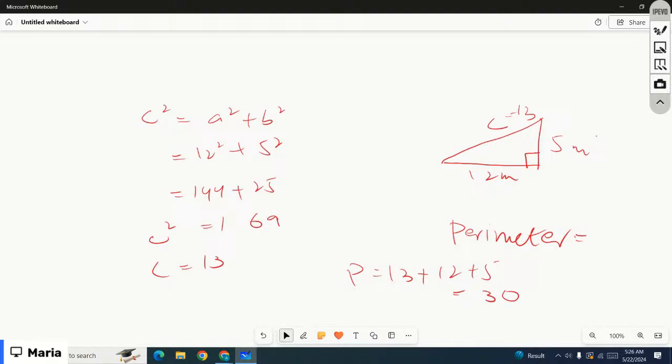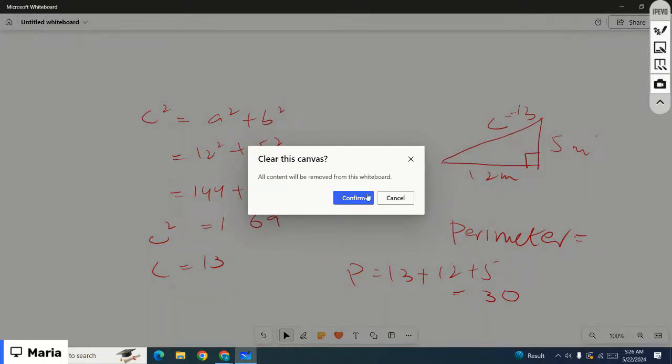Okay, the next example is you have to calculate the perimeter of the triangle, right? So for the perimeter, you have to add all the side lengths.